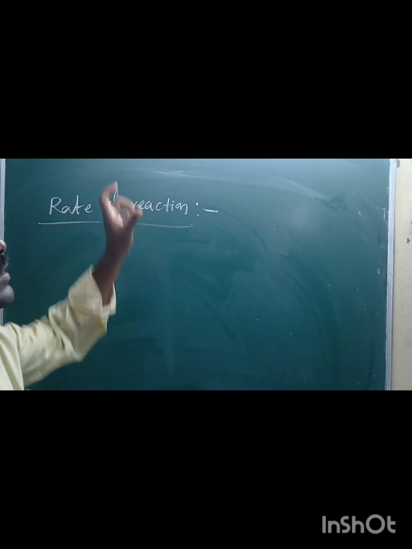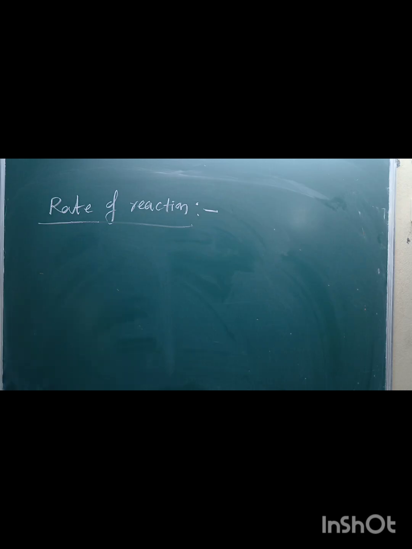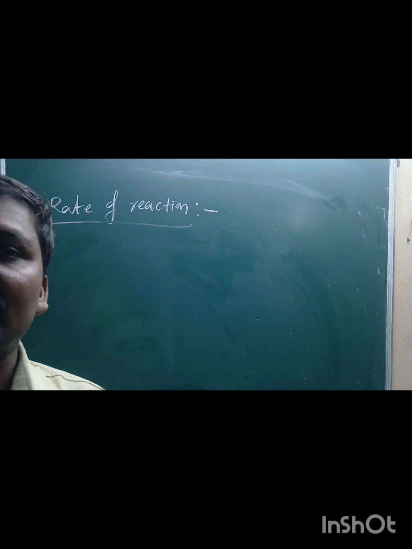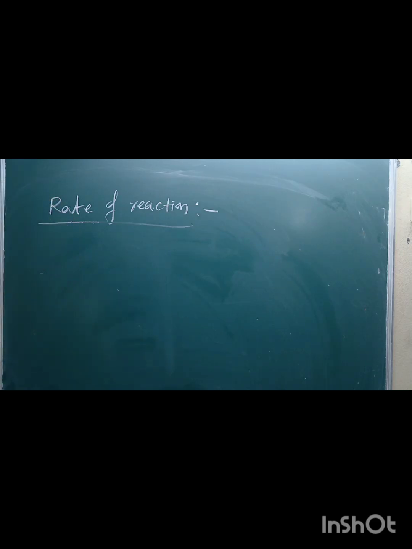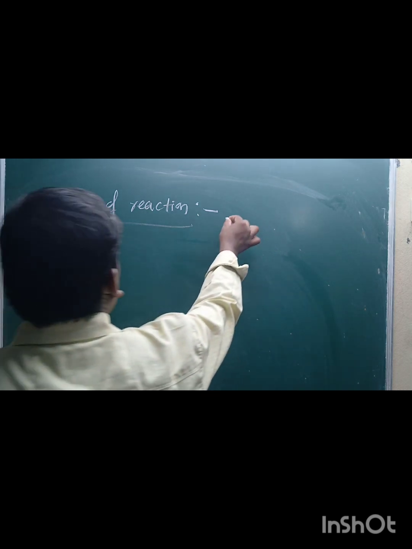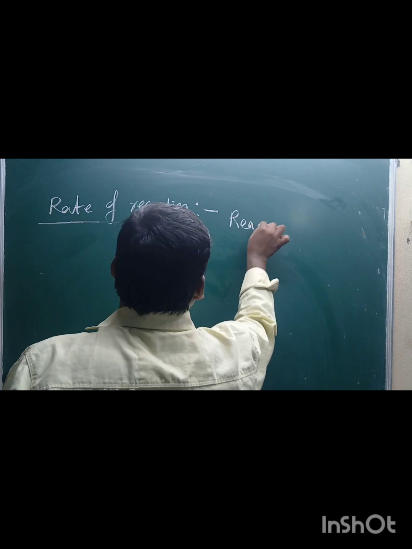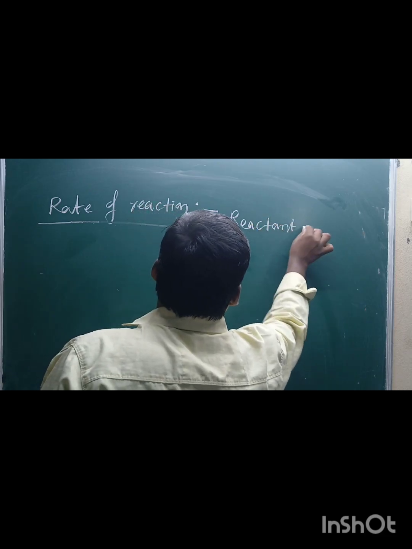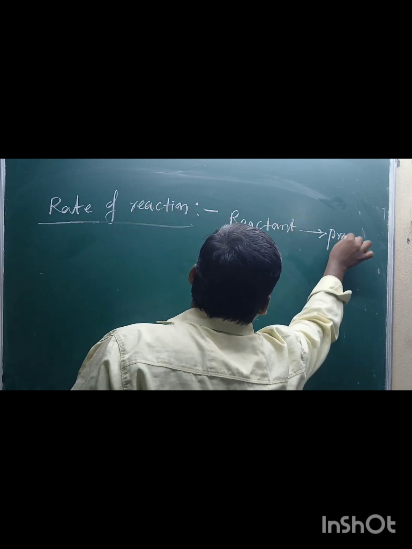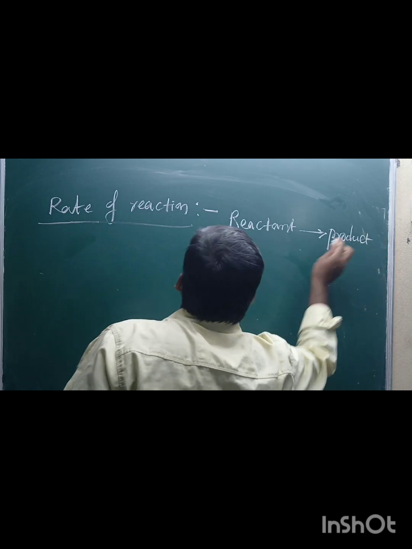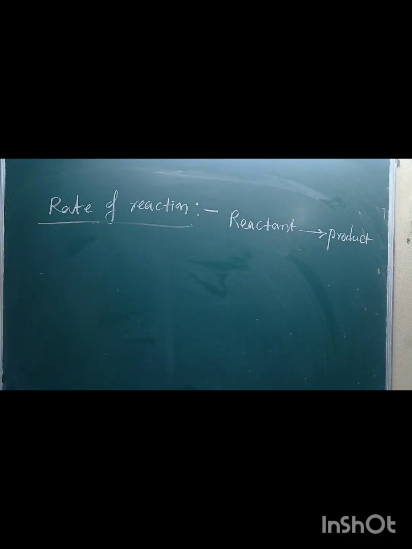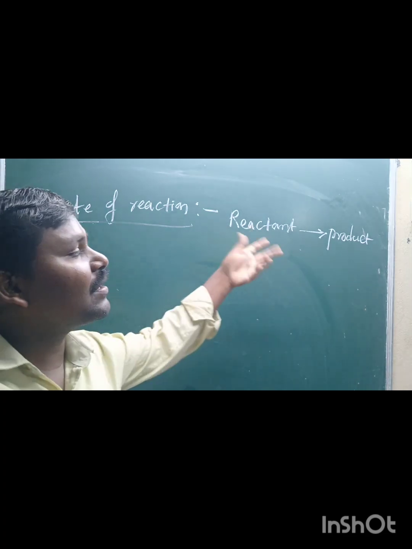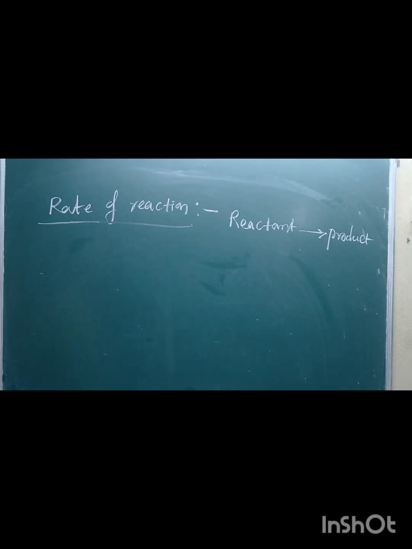The rate of chemical reaction is a measure of the speed with which the reactants are converted into product. Then the speed is called the rate of reaction.